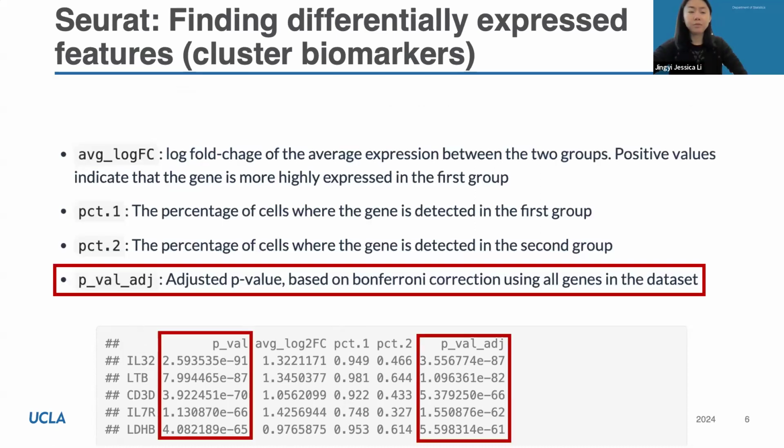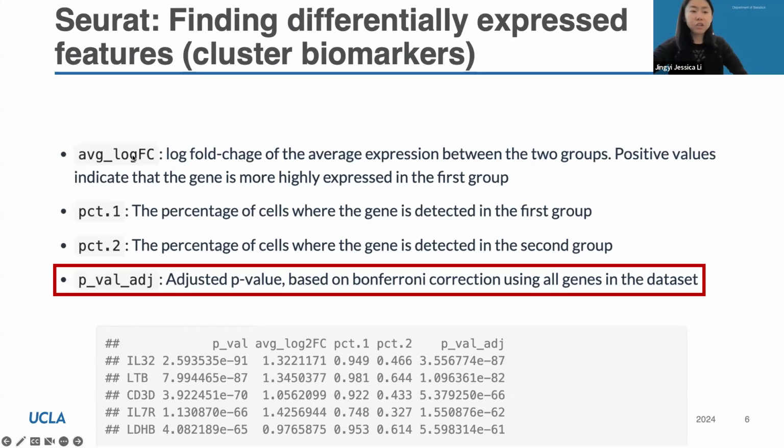Now let's look at the output. What is the average log fold change? It is the log fold change of the average expression between the two groups. Positive values indicate that the gene is more highly expressed in the first group, which is what we expect. So again, it's log 2 applied to the ratio of the gene's average in group 1 over the gene's average in group 2.